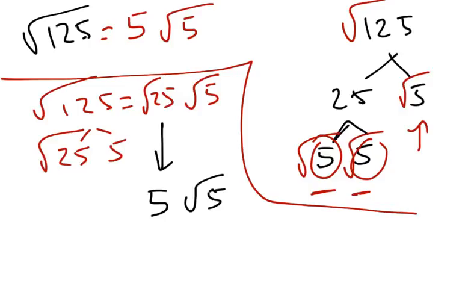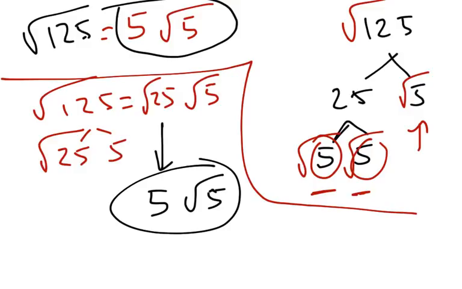Radical 5 stays the same. So as you can see, it is the same answer that you had from before. Any of the two processes is valid, whatever you like best. And that was problem 39 from the review.